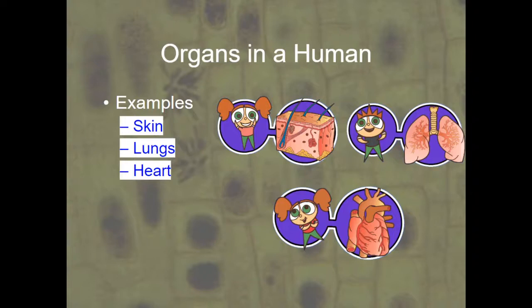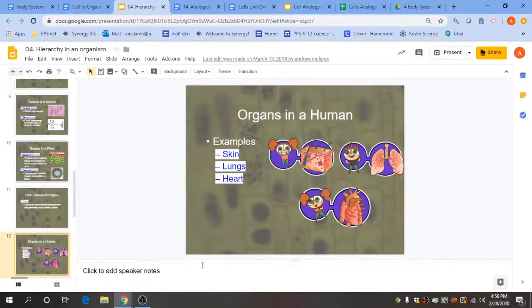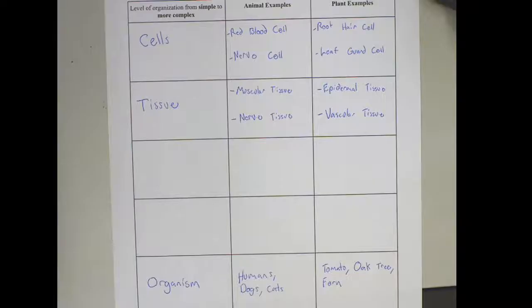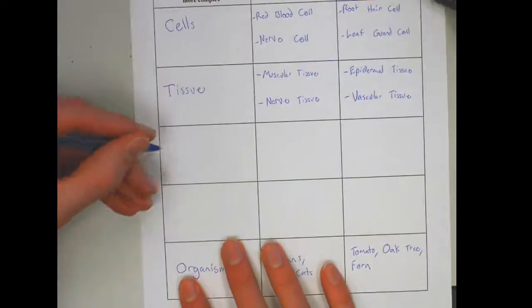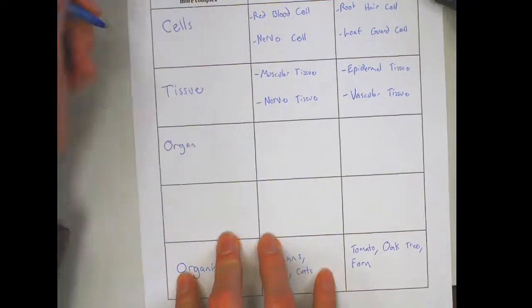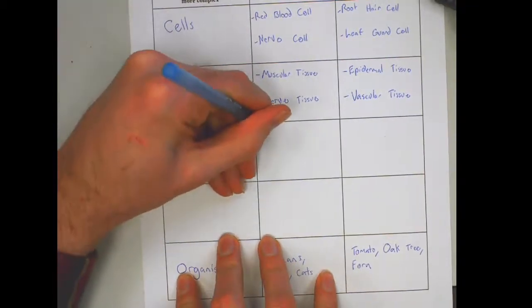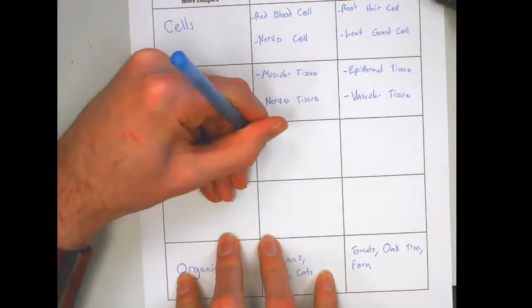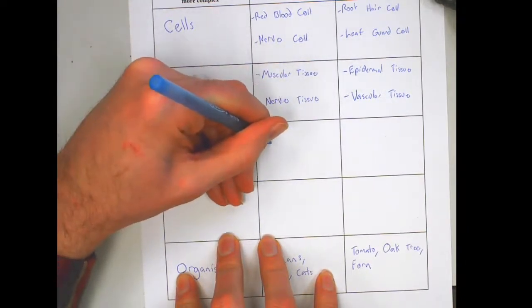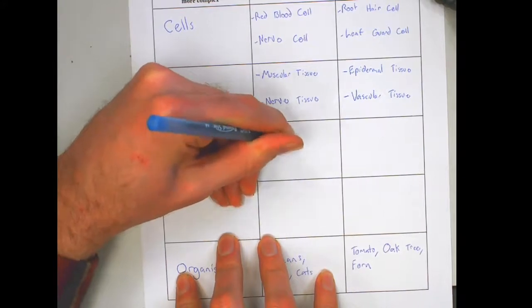And so let's go ahead and flip back to the notes. And we've got an organ here. And an organ is, for example, the heart and the lungs.